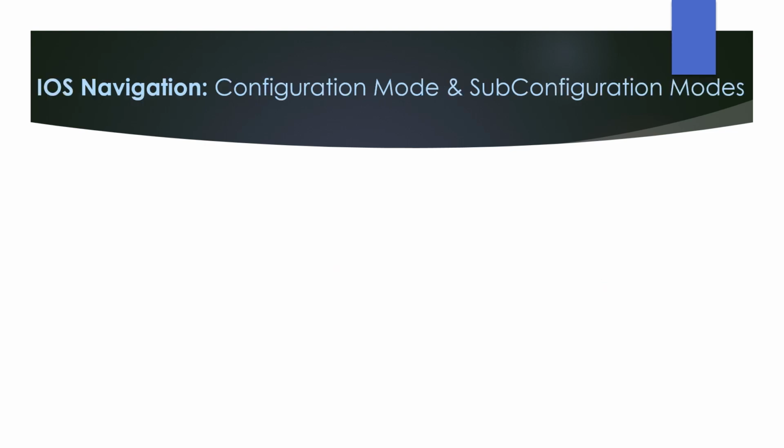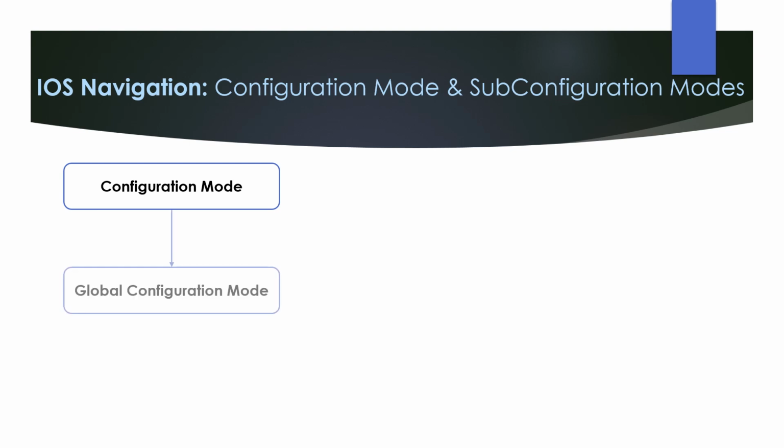To configure the device, the user must enter global configuration mode, which is commonly called global config mode. From global config mode, command line configuration changes are made that affect the operation of the device as a whole.